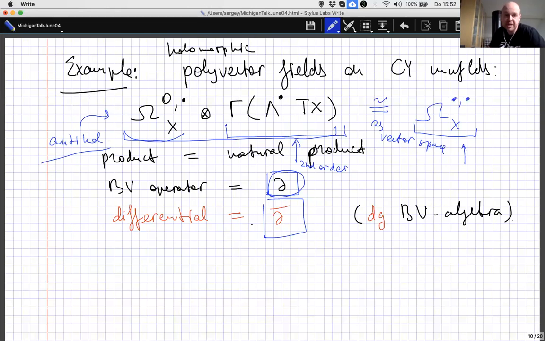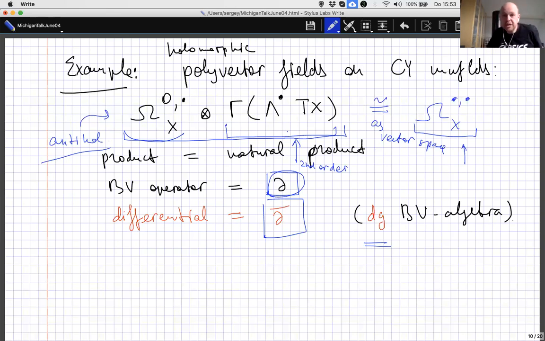In particular, what is written in red is extra structure. Namely, it's just a differential that would be of the first order with respect to the product here. It would commute with D, I mean the differential D bar. So in fact, what I get here is a differential graded BV algebra. So this is a sort of natural source of examples. I will explain later on why this example is particularly important.